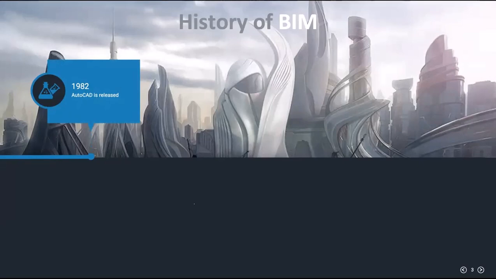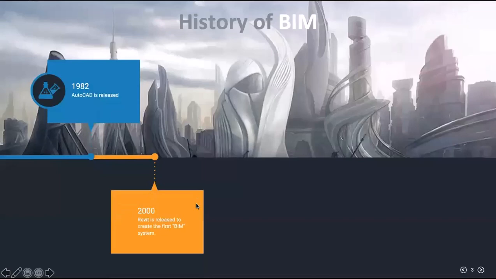In Pakistan, maybe we are always very late in adopting many technologies, but imagine that in 1982 AutoCAD was released. So in 1982 there were some people who were developing computer drawings. And in 2000 Revit was released to create the first BIM system.